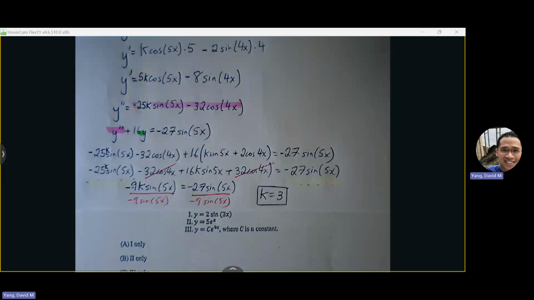Okay, let's try number 5. You have all these mentions of y double prime and y prime. So we're going to find each of the derivatives for each of the functions, plug it back in, and see if any of them will produce a true statement.